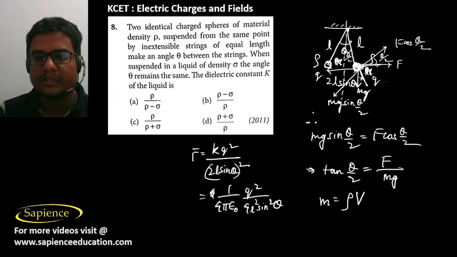It means that if theta has to remain constant, the ratio of F and mg should remain constant.